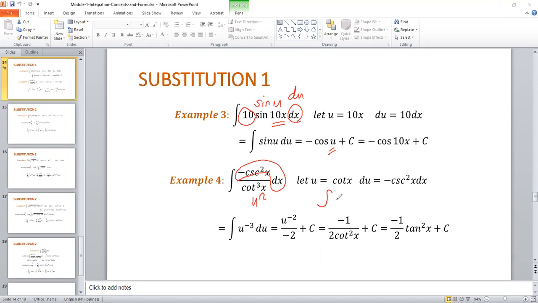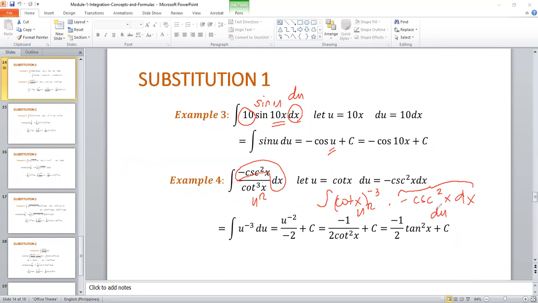Now, the integral of cotangent x raised to negative 3 times negative cosecant squared x dx. This is your u raised to n and this is your du. This entire expression is the du.